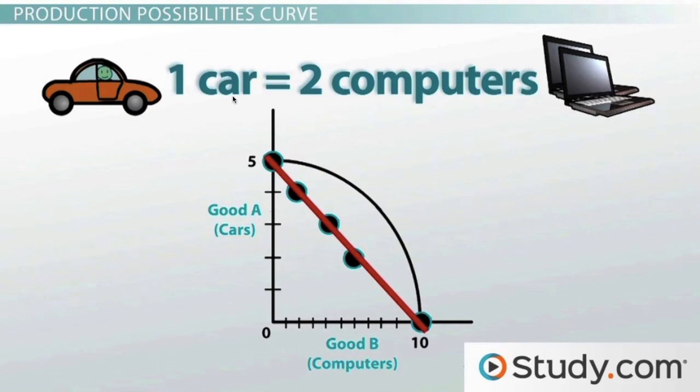If there is a constant trade-off like that, we're going to end up with a production possibilities curve that isn't so curvy. In fact, it would be a straight line. We would have a linear production possibilities curve because of that constant trade-off, that constant ratio, which would then become a consistent slope of the production possibility curve itself.